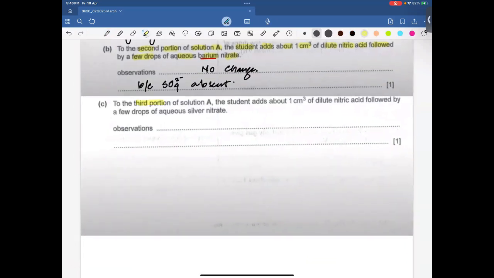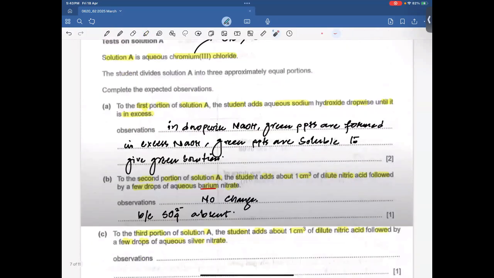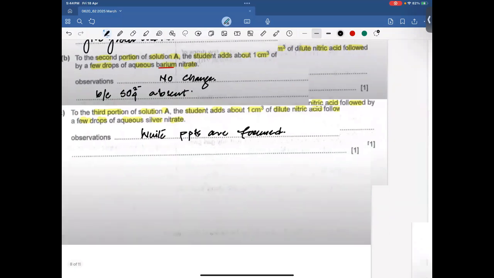To the third portion of solution A, the student adds about 1 cm³ of dilute nitric acid followed by a few drops of aqueous silver nitrate. Since we have chloride ions, we get white precipitates of silver chloride.